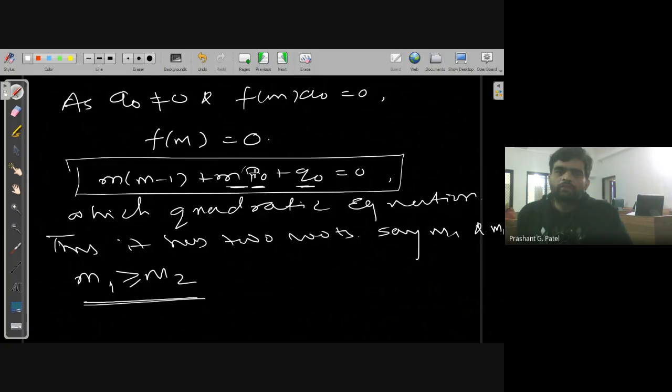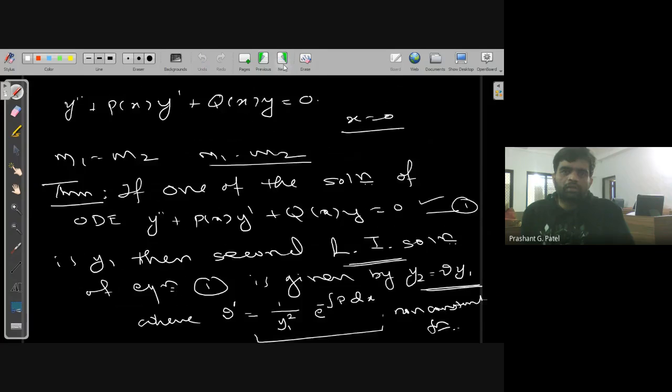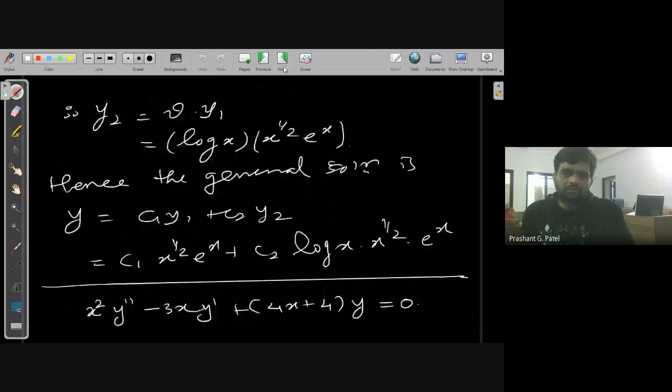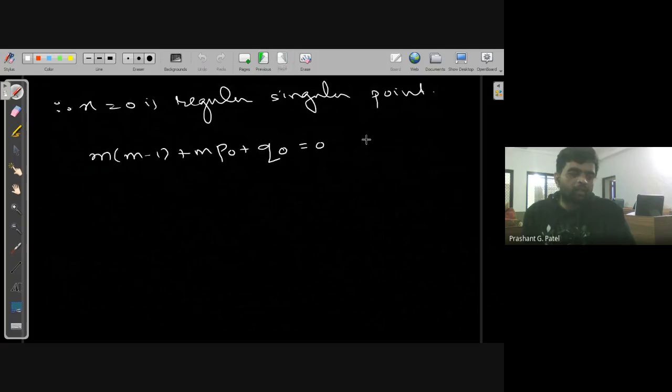What is p0? If you convert x into p of x as a power series, summation of pn x raised to n, whatever the constant term is there is p0. And x square into q of x, if you convert it into a power series, the constant term in that series will be q0. So here, in this case, the indicial equation will be this.